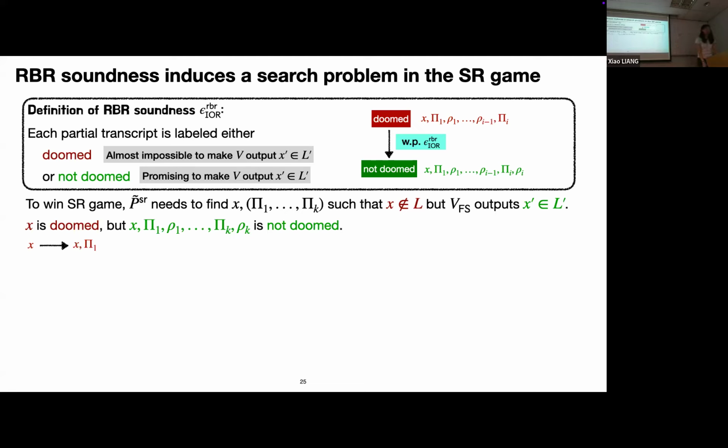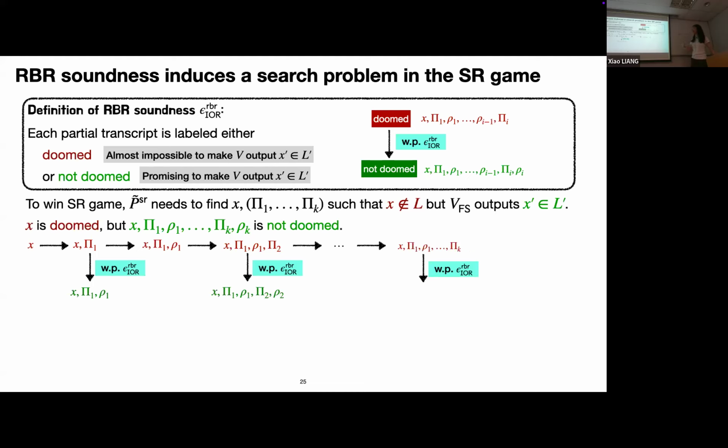With an additional proof string, it stays doomed, because the IOR prover is information theoretic and it can always pick the best proof, and if it was doomed, it will stay doomed. Then with the next verifier randomness, it only becomes not doomed with probability epsilon. Otherwise, it stays doomed. Then again, it jumps to not doomed with small probability rho 2, and so on and so forth.